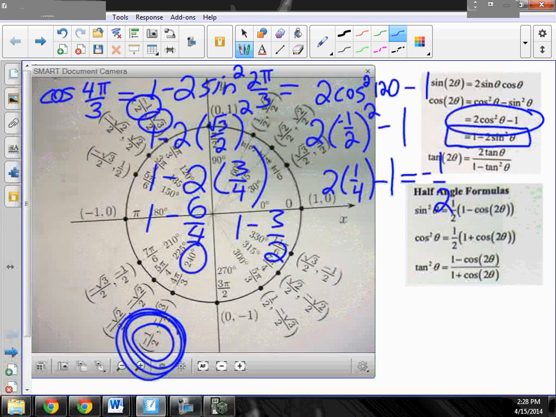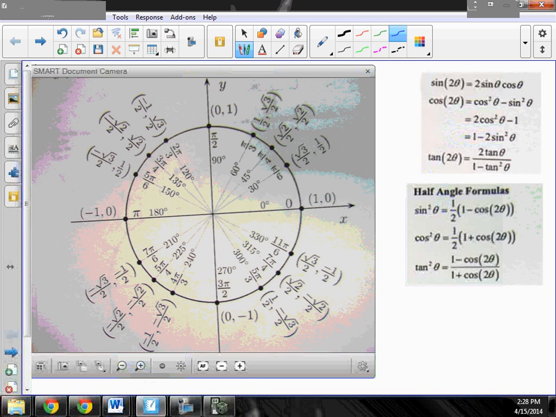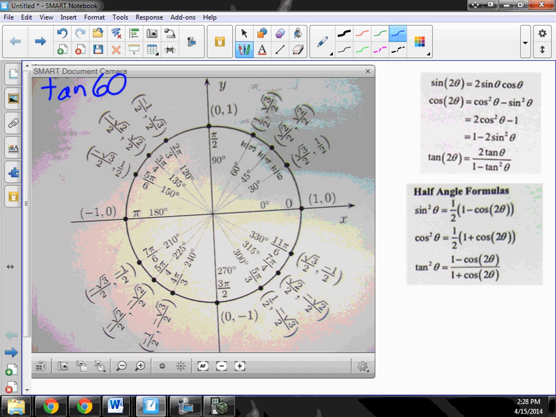Okay, look at number 2. Tangent of 60. Just like yesterday, there are 2 ways to find the tangent of 60. One is to use the equation, and the other is to find the sine and divide it by the cosine. And just like yesterday, they both have their pros and cons, and they both do exactly the same thing.